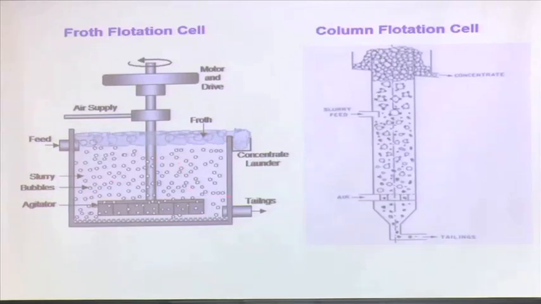So, many times the degree of hydrophobicity we have may not be sufficient to achieve my desired separation. So, what do we do? We add some chemicals which we have designed in a proper way so that they adhere to the surfaces of my materials, which will make them more hydrophobic.